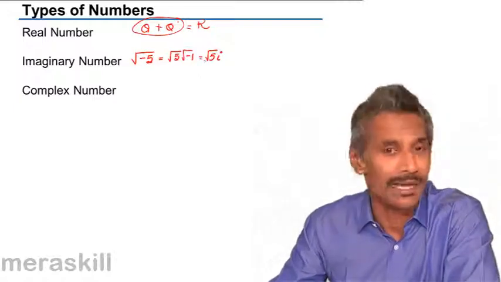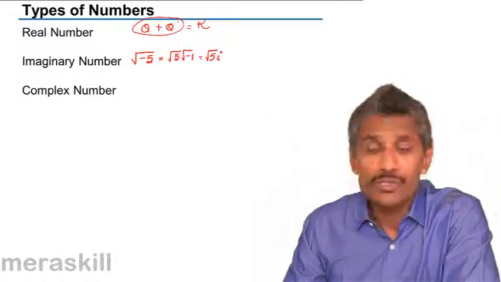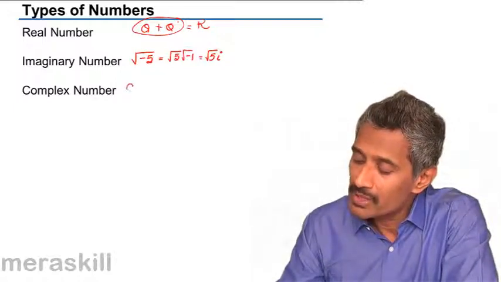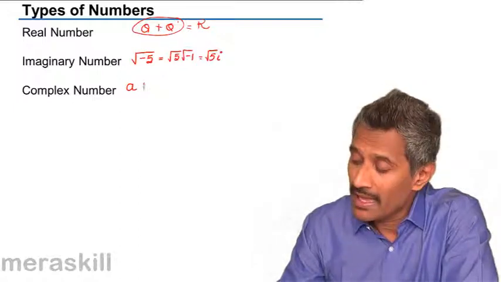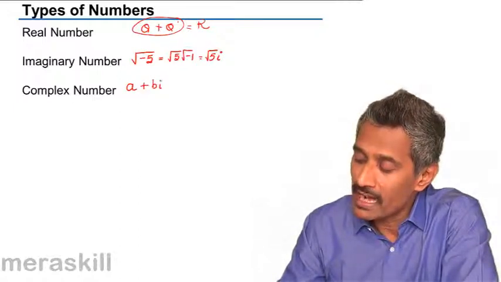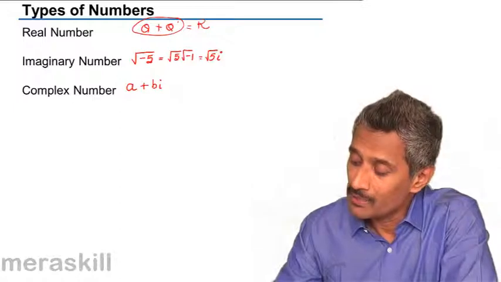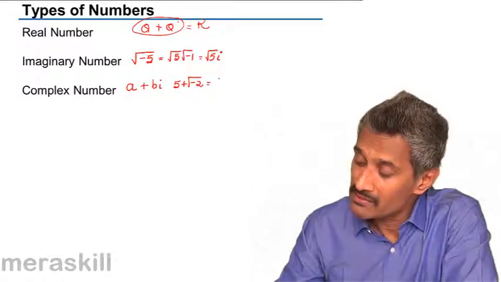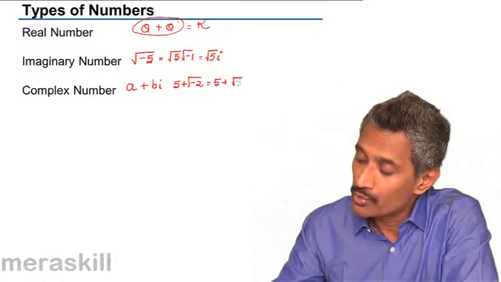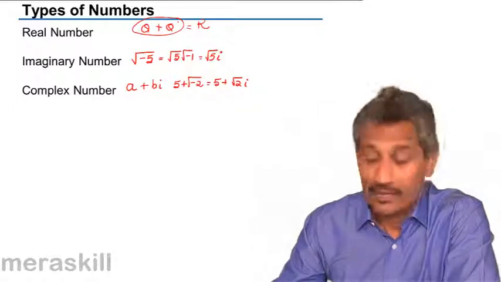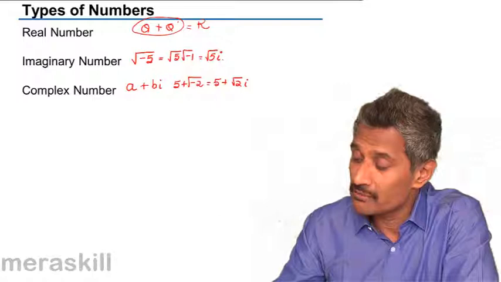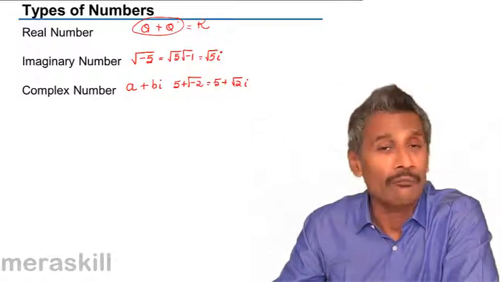It's purely imaginary. But suppose you have a complex number. A complex number is a combination of a real number a and an imaginary number bi. So for example, 5 plus root of -2, which will be the same as 5 plus root 2i. That is, when you are adding a non-real number, an imaginary number, and a real number, then you get a complex number.